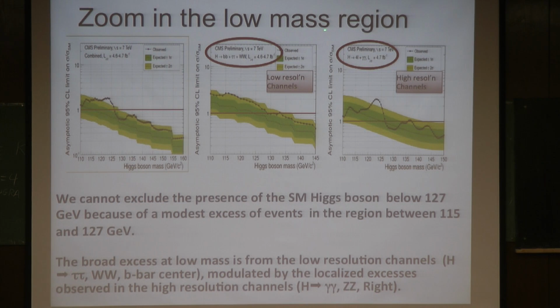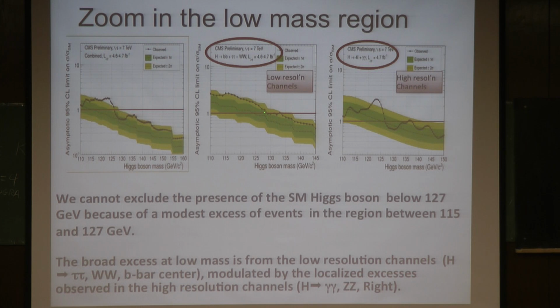Let's zoom in on the low mass region. This is the 3 channels together, the BB, tau tau, WW, and this is the 4 leptons and gamma gamma. Remember what I told you, these are the high resolution channels and these are the lower resolution channels. And we are seeing again the same plots with the plus or minus 1 sigma expected over the median.